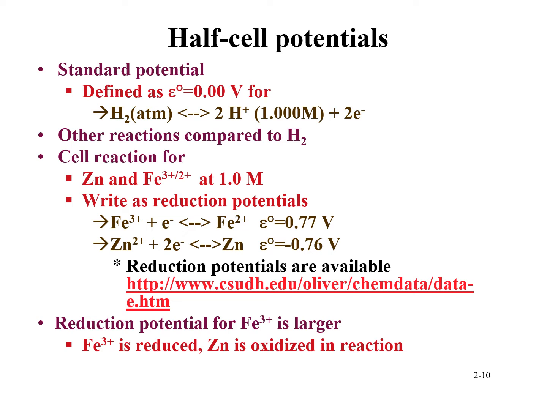If we look at the standard reduction potentials, we see that iron 3 to iron 2 is 0.77 volts, and zinc 2 to zinc is negative 0.76 volts. So the reduction potential for iron 3 is larger. This means that the iron 3 will be reduced and zinc will be oxidized in the reaction.